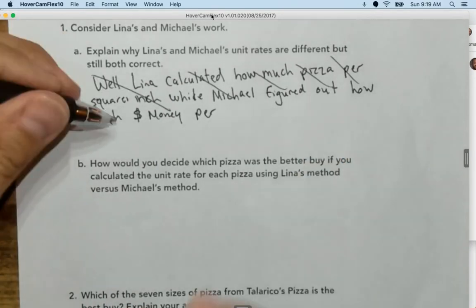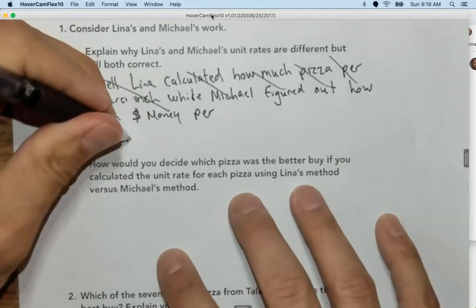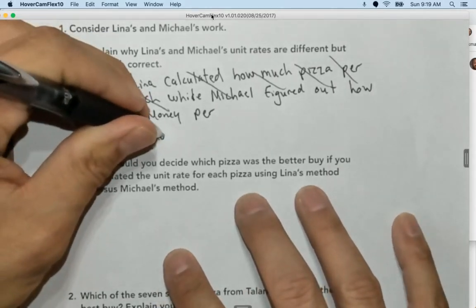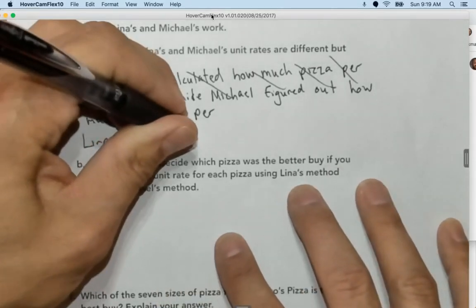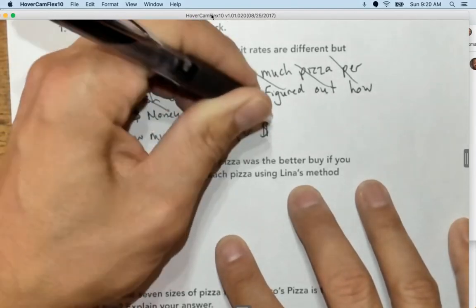All right. Lena figured out how much pizza per dollar spent.